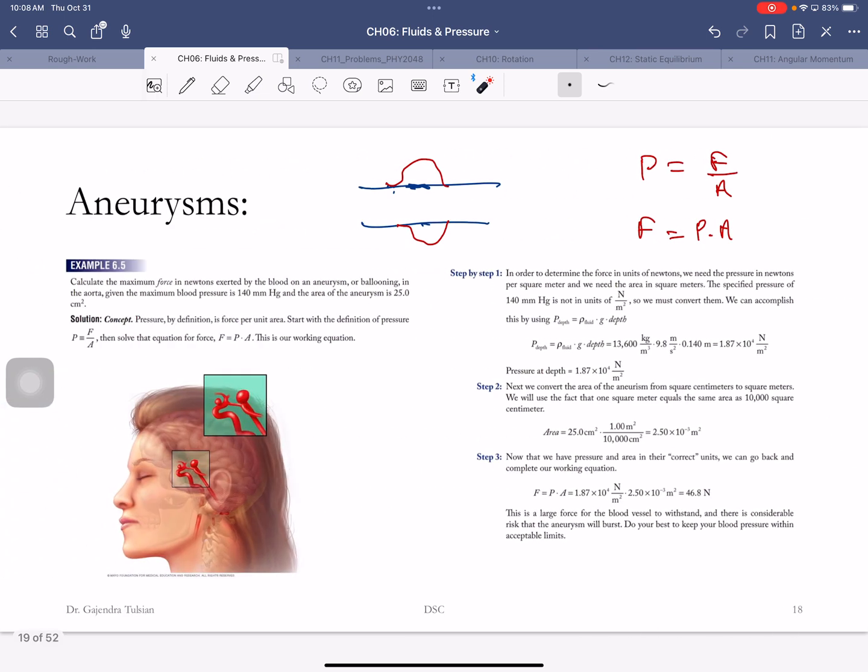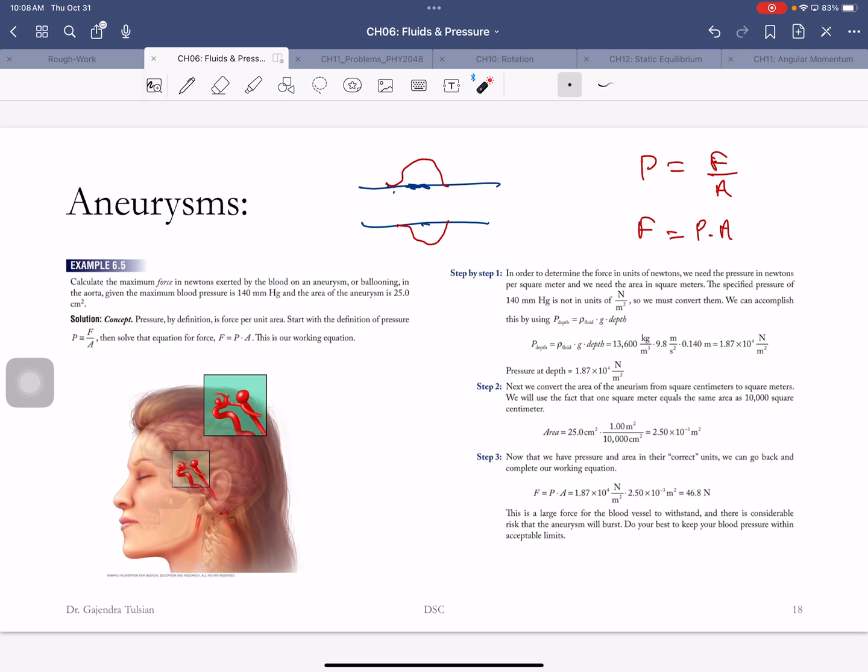So this problem goes through the calculation. The force is 15 newtons on an aneurysm. What is the size of the aneurysm? The blood pressure of the person is 140 millimeters of mercury, high blood pressure. So do your best to keep your blood pressure within acceptable limits if they suspect you have an aneurysm.